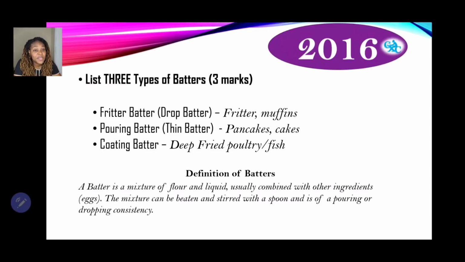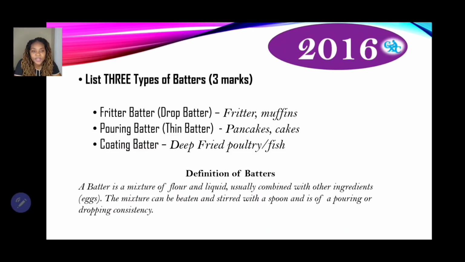Now a question may also ask you what type of item is suitable for fritter butter. You know, fritters and muffins are always suitable for fritter butter. Pouring butter is an example, maybe like pancakes or cakes, and the coating butter is like when we're deep frying say chicken, or it may be fish.